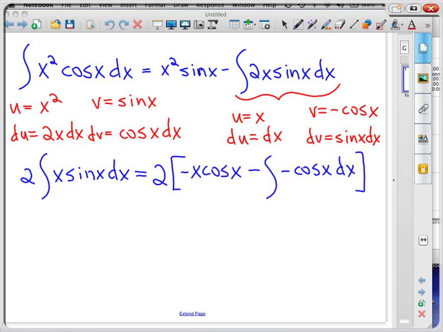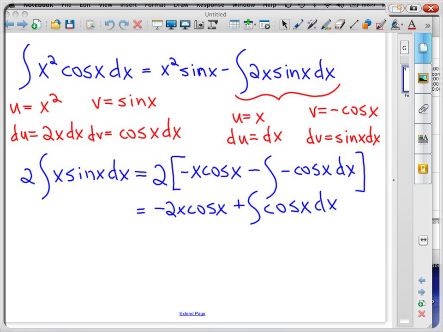With some simplifying, we can see that this is really just negative 2x cosine of x plus the integral of cosine of x dx. Now, what that gives us is the final part of our problem.